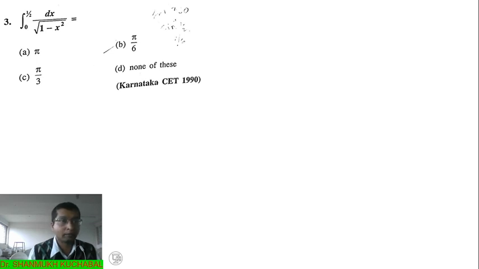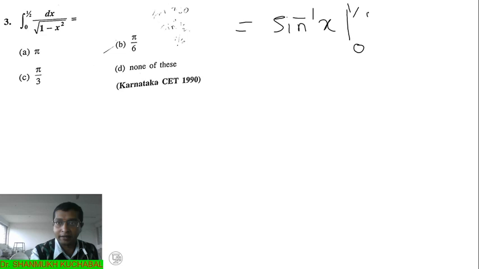Integration from 0 to 1 by 2 of dx divided by the square root of 1 minus x square. Directly we integrate. It is a standard function, 1 divided by root of 1 minus x square. Integration is sine inverse x, limit from 0 to 1 by 2.